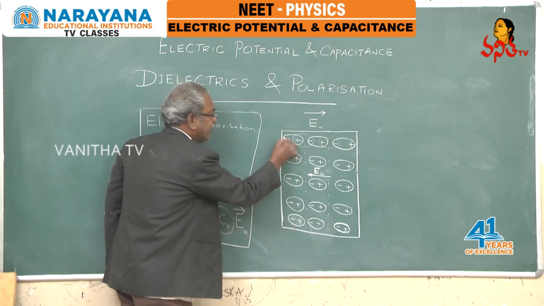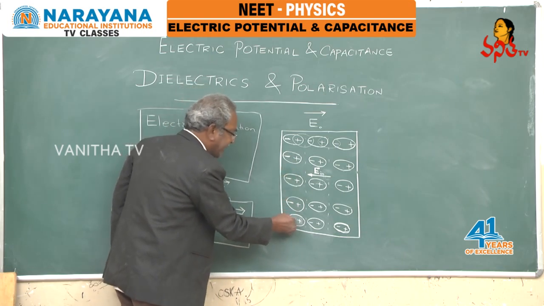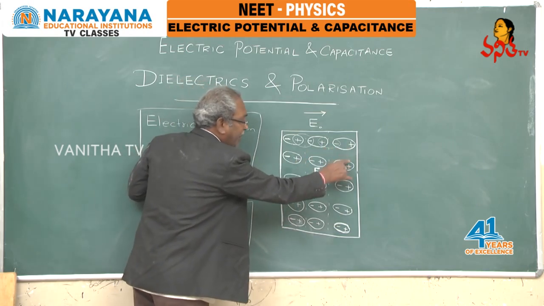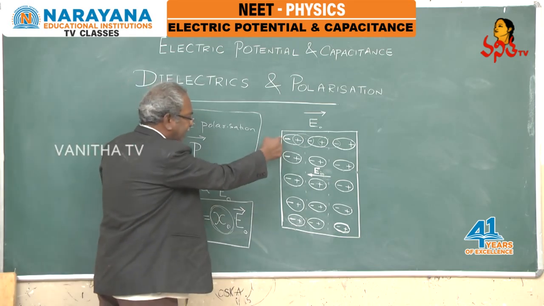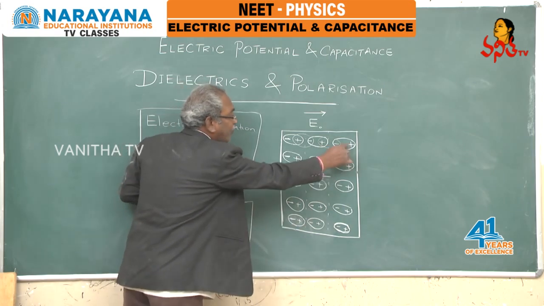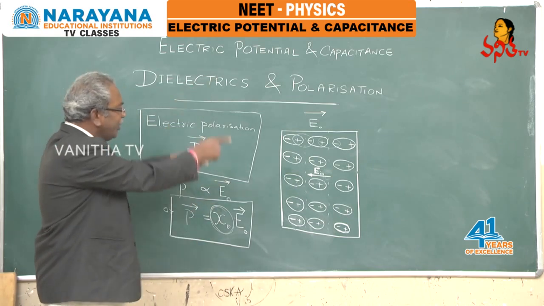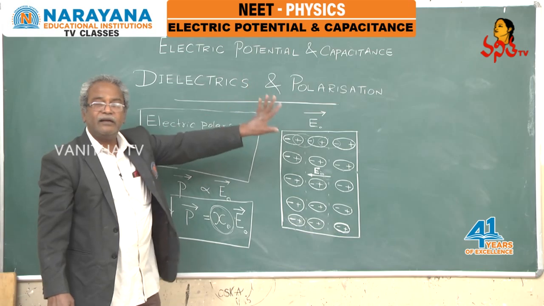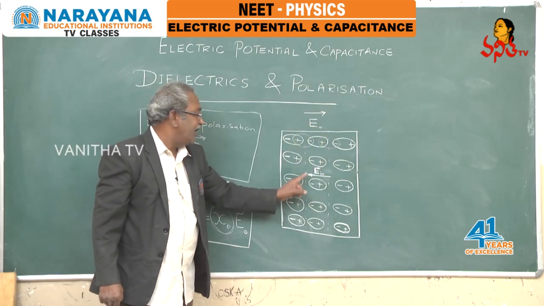You observe here, this amount of negative charge is getting induced over here. Finally there is induction of positive charges on the other surface of the dielectric. So here there is net negative charge accumulation, and there is net positive charge accumulation. Because of those induced charges, the electric intensity inside the dielectric medium will be E induced.